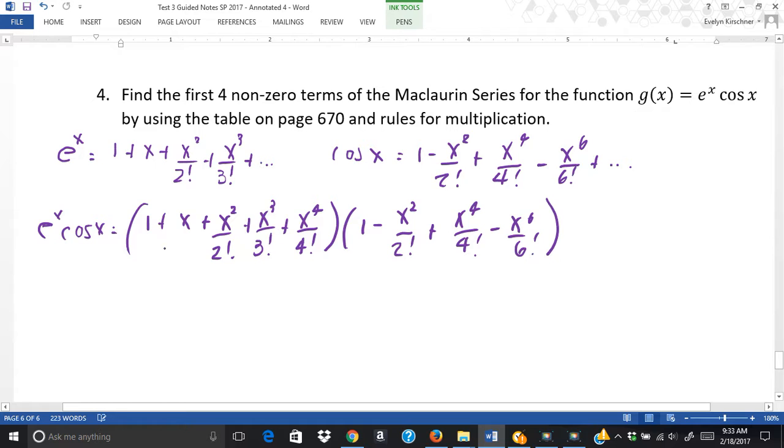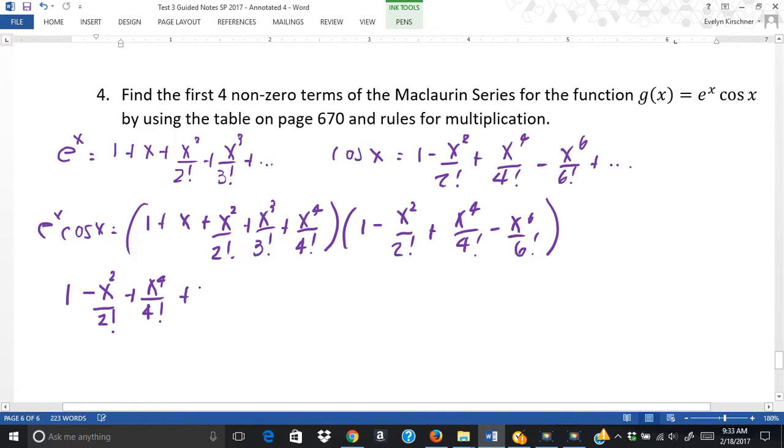So I'm going to do some multiplying. 1 times 1 is 1. 1 times negative x squared over 2 factorial is negative x squared over 2 factorial. 1 times x to the 4th over 4 factorial. And that's probably all I need. So I'm going to go to the next one.